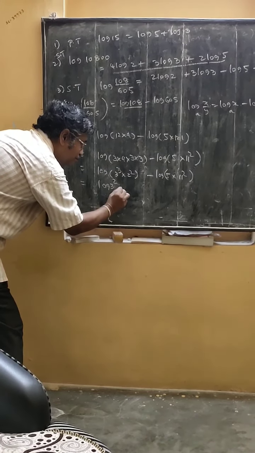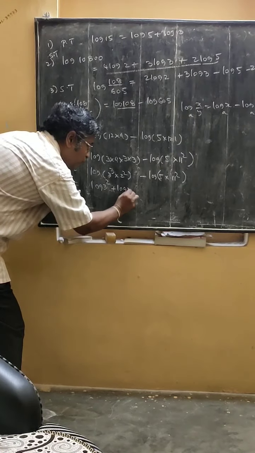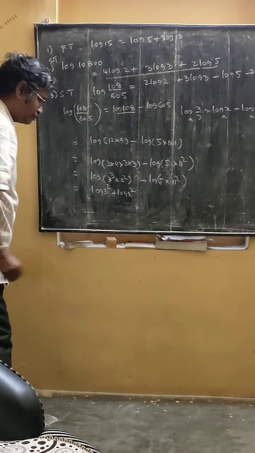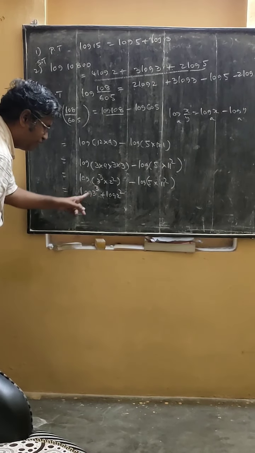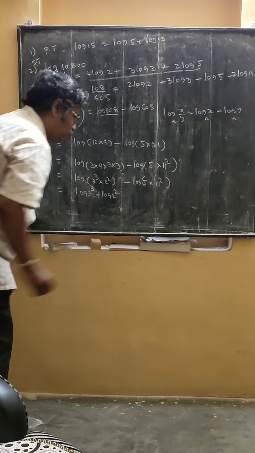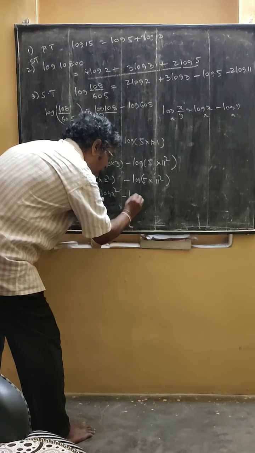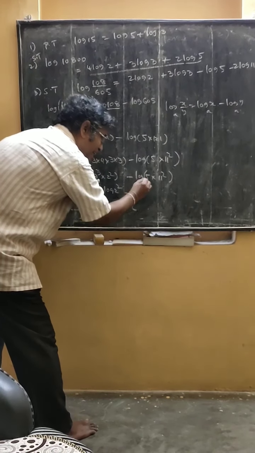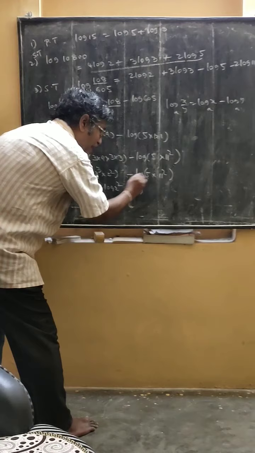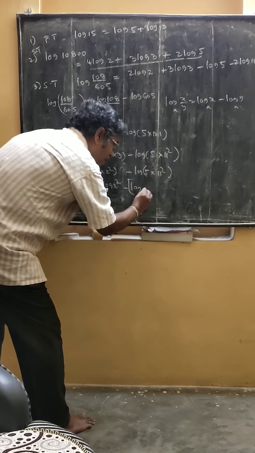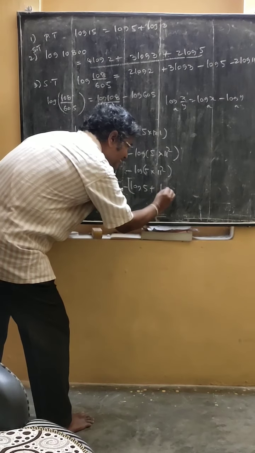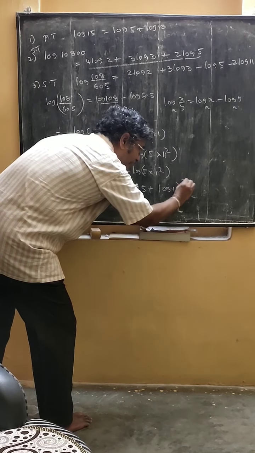Log 3 cube plus log 2 square, minus, and the minus belongs to both, so put a bracket: log 5 plus log 11 square.